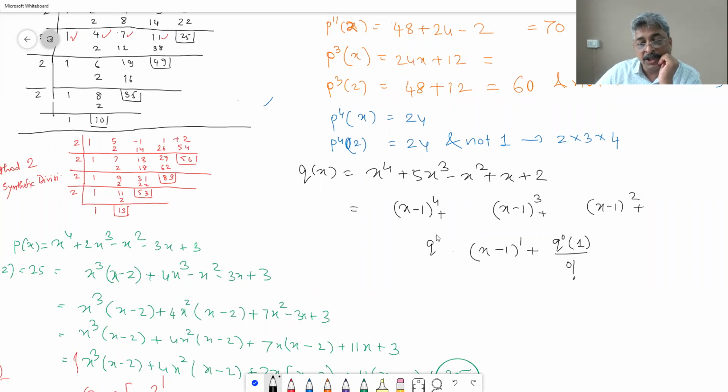Then differentiate it once, evaluate at 1 divided by 1 factorial, that is your second constant. From the right, q2 of 1.